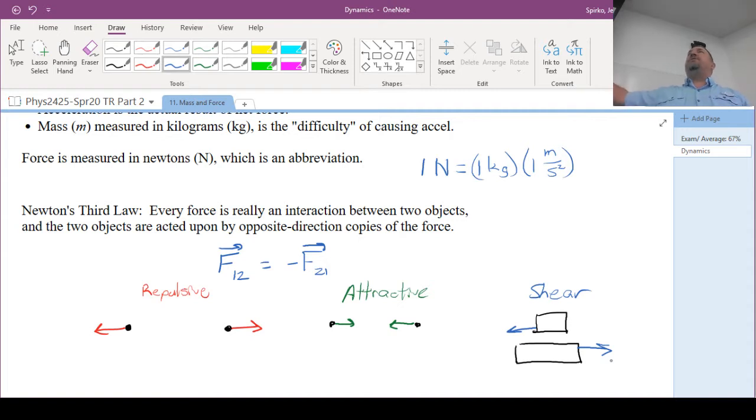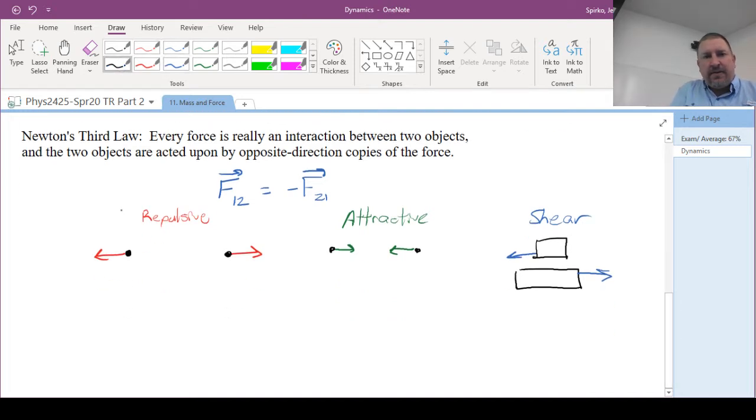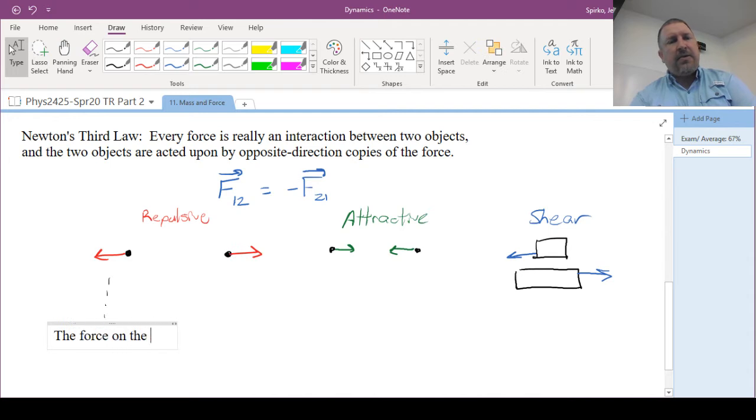And these descriptions are nice because I can use the same word to describe both copies of the force. If I wanted to describe this force here, I would have to say awkward things like the force on the left object is leftward.